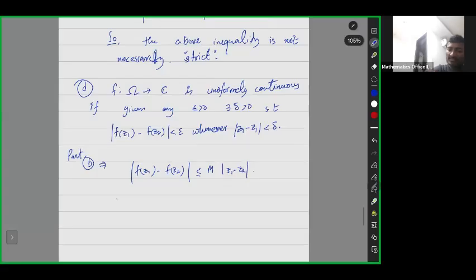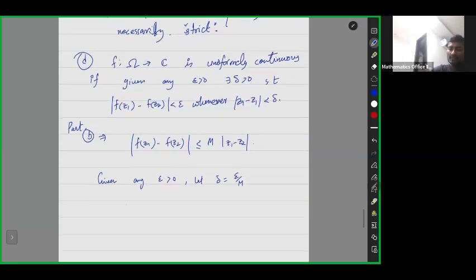Okay, so what does this imply? If you give me an epsilon, let's say given any epsilon positive, what delta are you going to choose? Let delta be equal to epsilon by m. Then what happens?